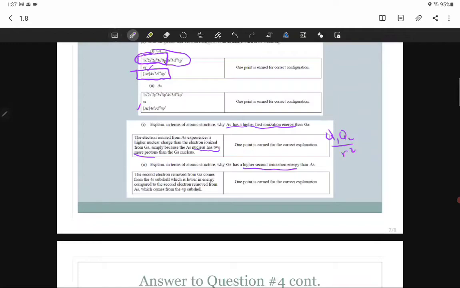And then second ionization energy, it talks about 4s being lower in energy compared to removing an electron from 4p. It doesn't talk about full, half, empty like we were mentioning.